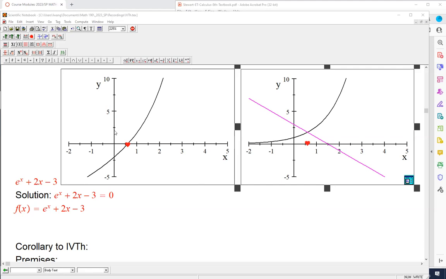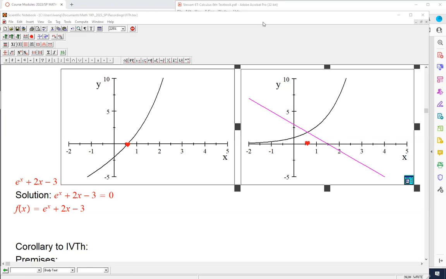Now we just apply the corollary, okay? If you'd like to pause and do your own work and then come back, that'll be fine with me.